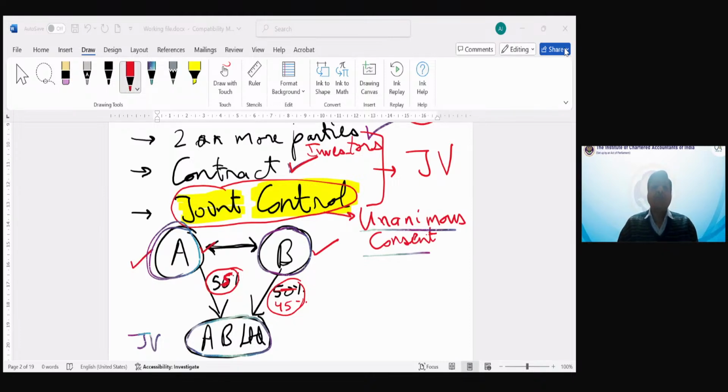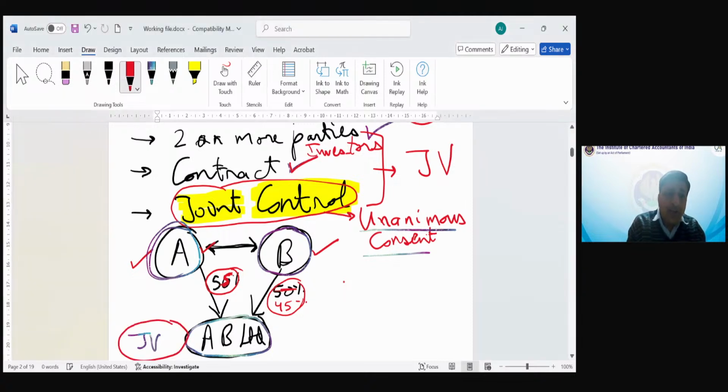So every time you analyze any investment, you need to check whether joint control is there or not. The moment there is joint control, this investee will be called a joint venture. And in this case, A and B could be called investors or venturers.